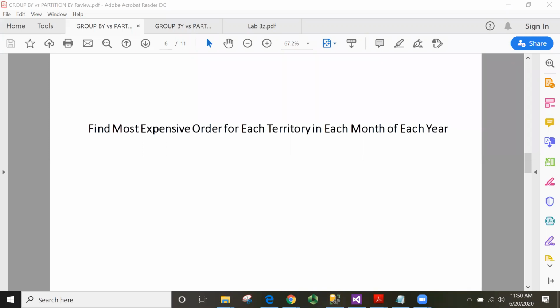We could use either group by or partition by. Okay, let's be more specific. If we want to use either, what columns do we need to use with them? Territory, month, year, okay? Excellent.